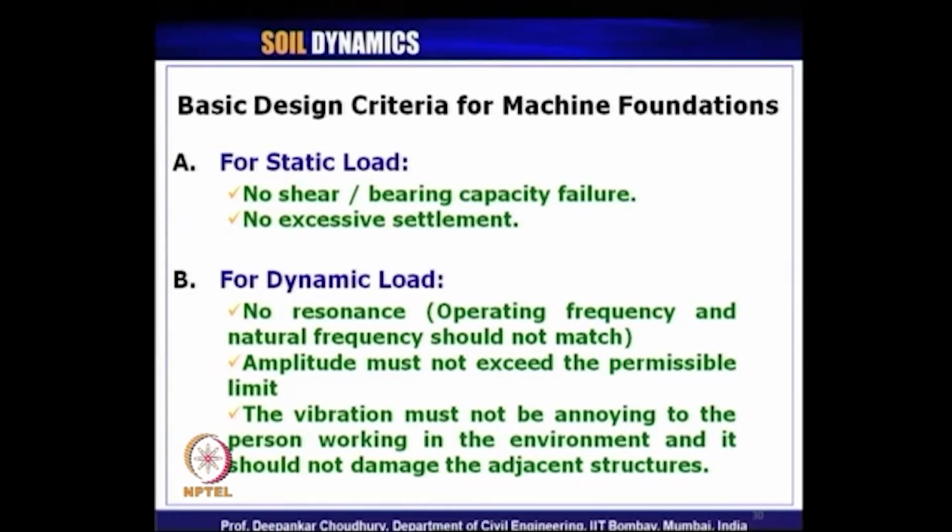So, the dynamic amplitude should not exceed that permissible limit given to us. It is in addition to this static settlement. Remember, here we are talking about only the dynamic component of the amplitude, fine.